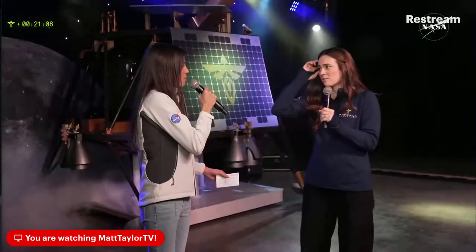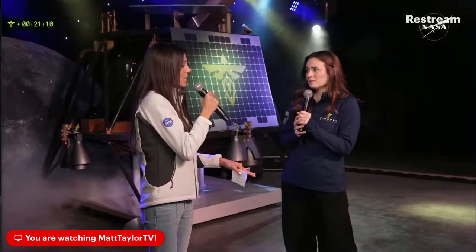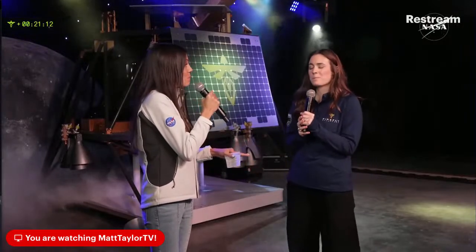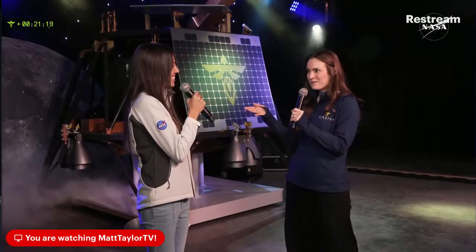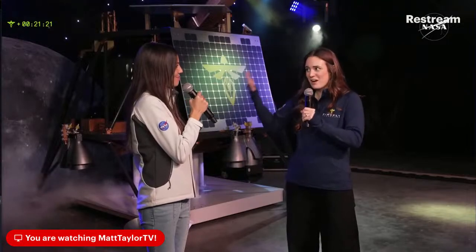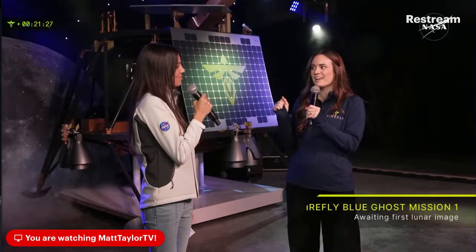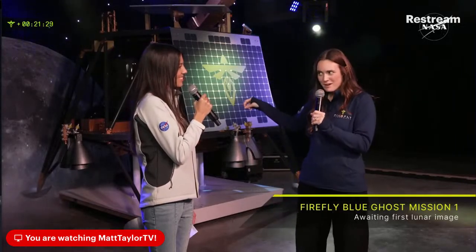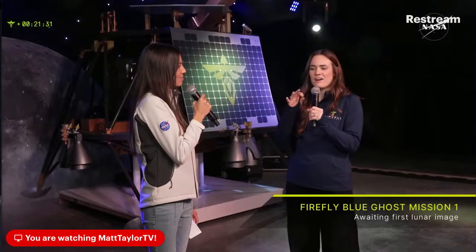Can you talk to us a little bit more about those surface operations and some of the most exciting moments that we can look forward to while Blue Ghost is on the moon? Yeah, so I like to say that when we land on the moon, the lander kind of comes to life. The Lister drill will go down, the surface access arm will deploy, we'll have probes coming off the side of the lander, so a lot of different payload ops, but there's also a couple other phenomena that we'll see on the surface.